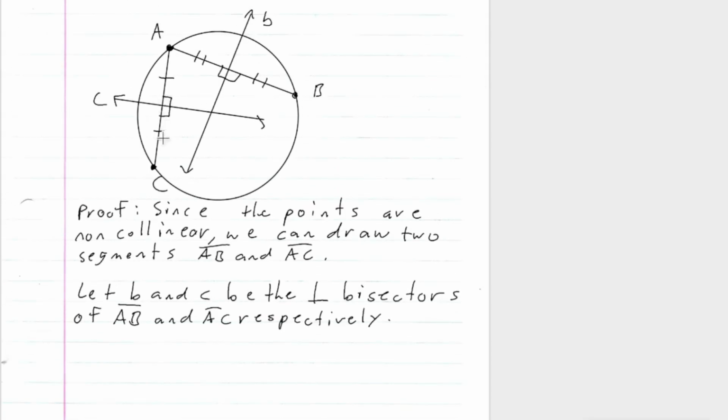So, of course, since A, B, C are noncollinear points, then we know the perpendicular bisectors of these segments will eventually touch each other because they won't be parallel.